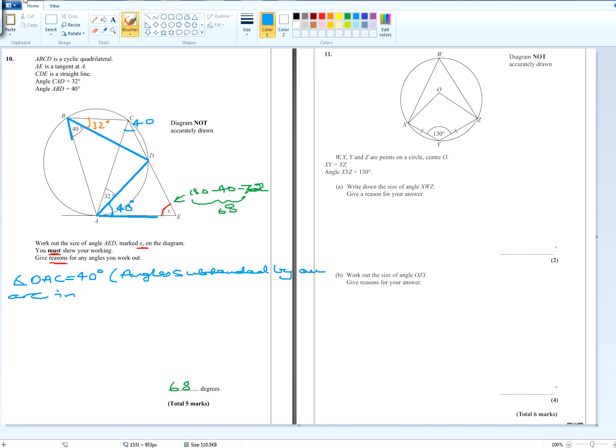Let's just go back a bit. I think it's changed a little bit already. Okay, angle subtended between a tangent and a chord equals angle in the opposite segment.